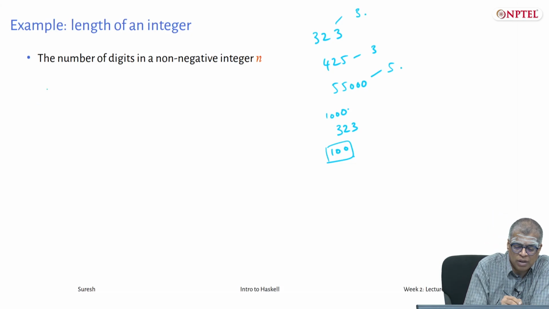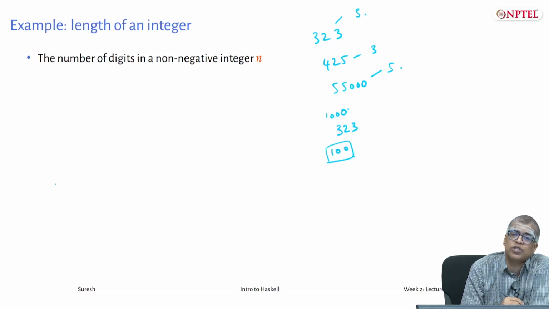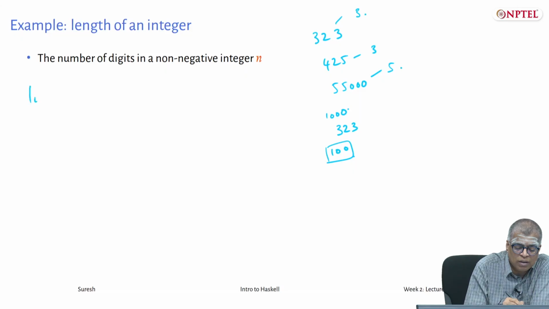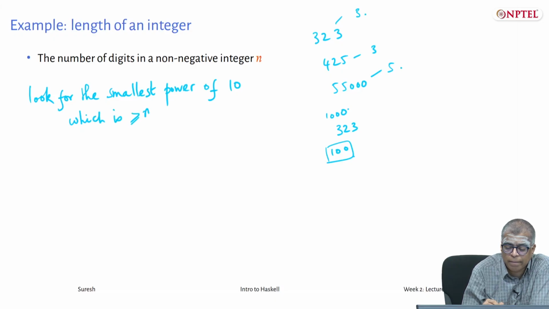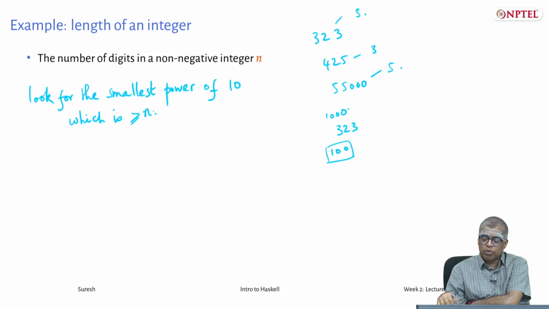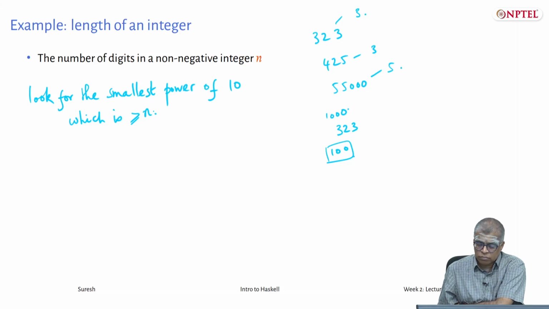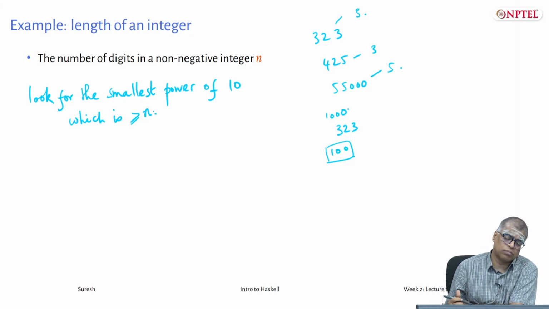You can look for the smallest power of 10 which is greater than or equal to n, this is what you want to do.